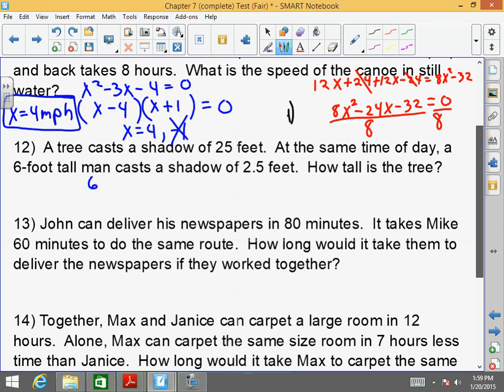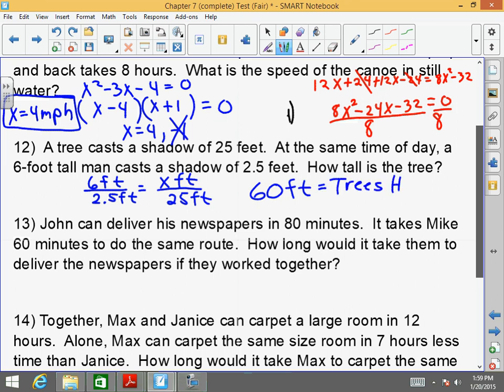The man's height to the man's shadow must equal the tree's height to the tree's shadow. Remember, unit to unit, guys? Unit to unit. Cross multiply here. And you're going to get 60 feet. I let you use a calculator even. Equals tree's height. Cross multiply, and you're going to get 60.